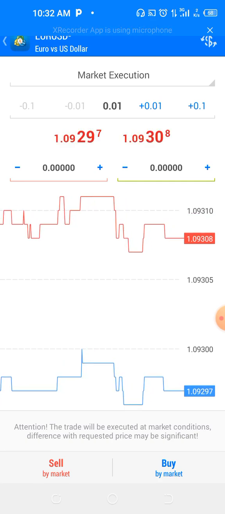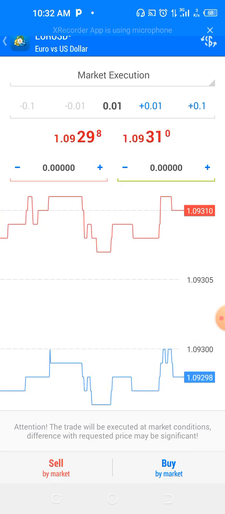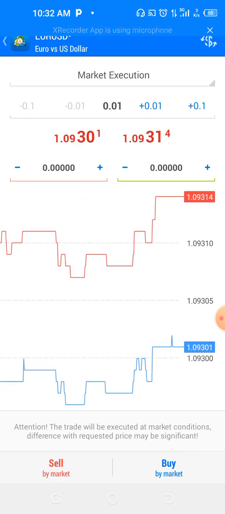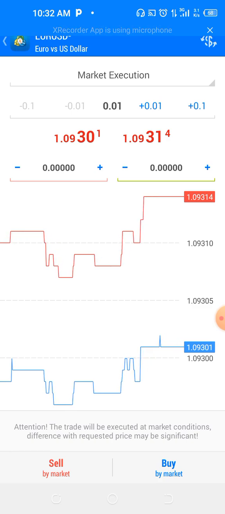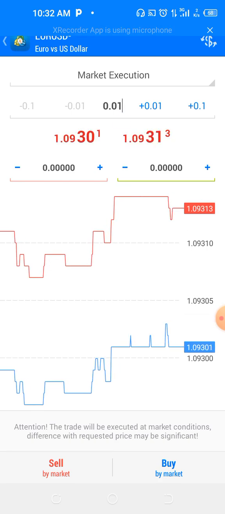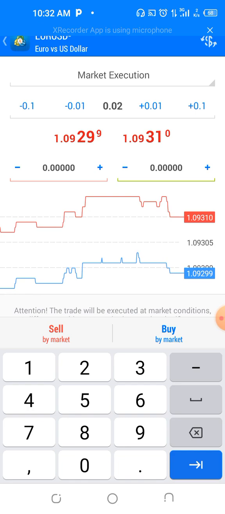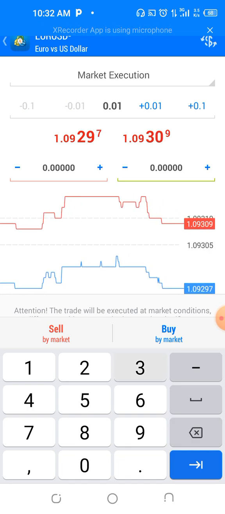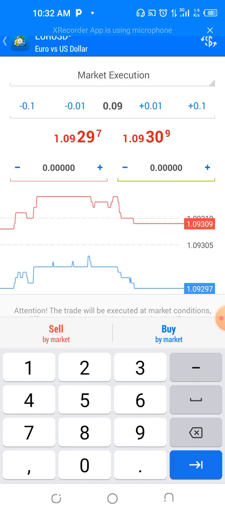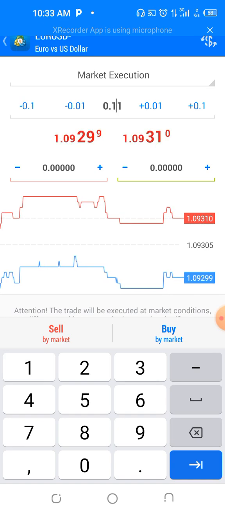Now, if it goes 10 pips in your favor, it means that you have 10 cents times 10 pips, which is $1. That is 100 cents, which is $1. Now you can actually increase this by having 0.02, 0.03, 0.05, 0.09. After which the next thing you have here is 0.10.